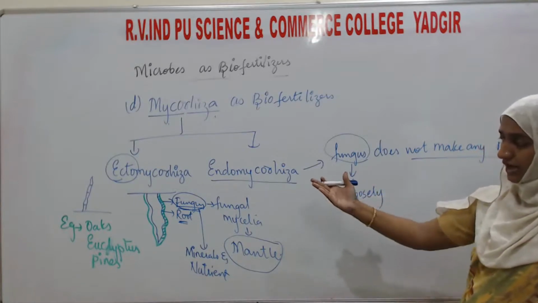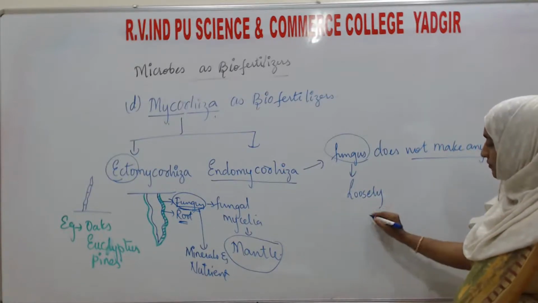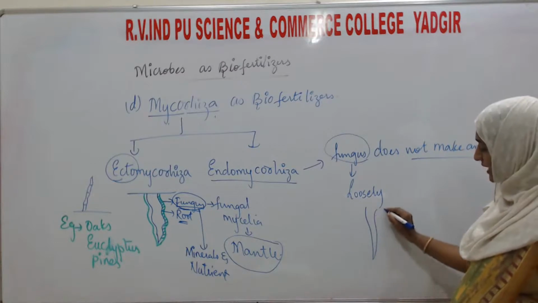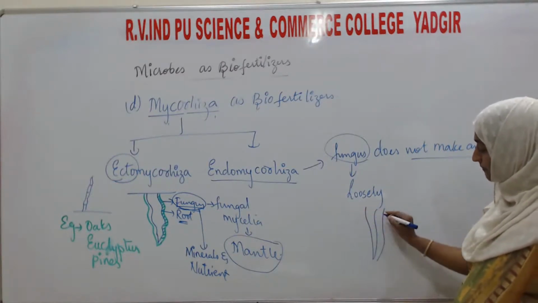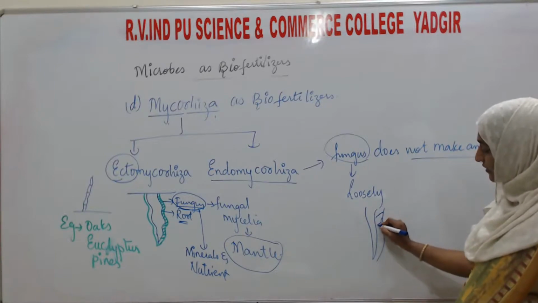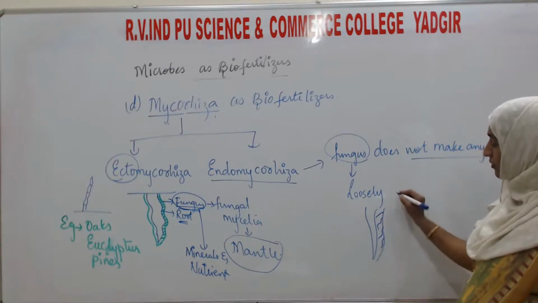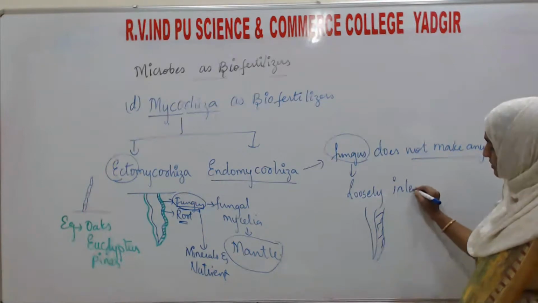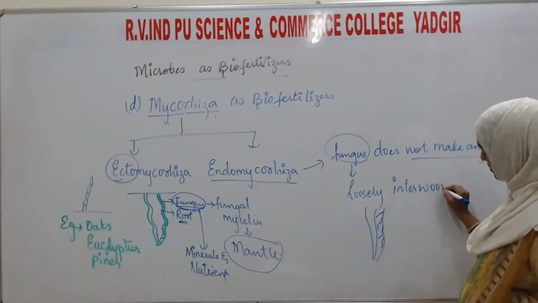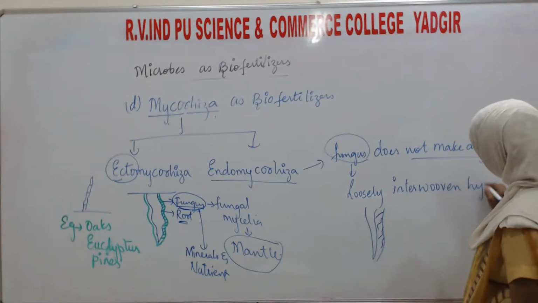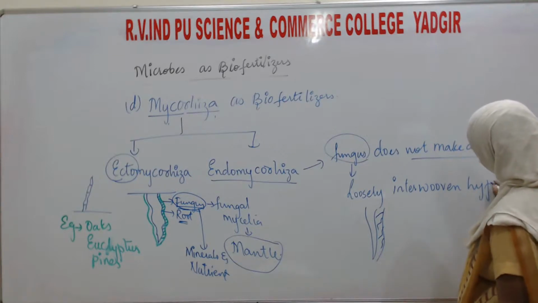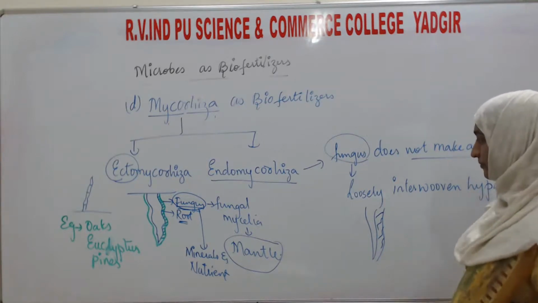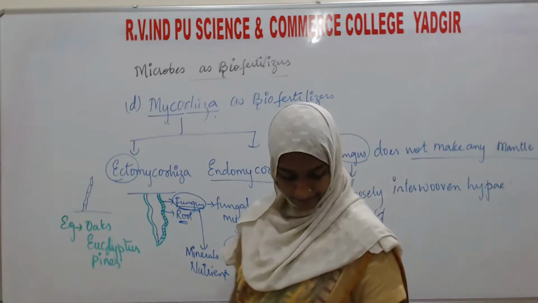For example, this is the root and this is the fungus. They are not going to form any mantle, and these hyphae are loosely interwoven. Loosely interwoven hyphae you will find in endomycorrhizae.